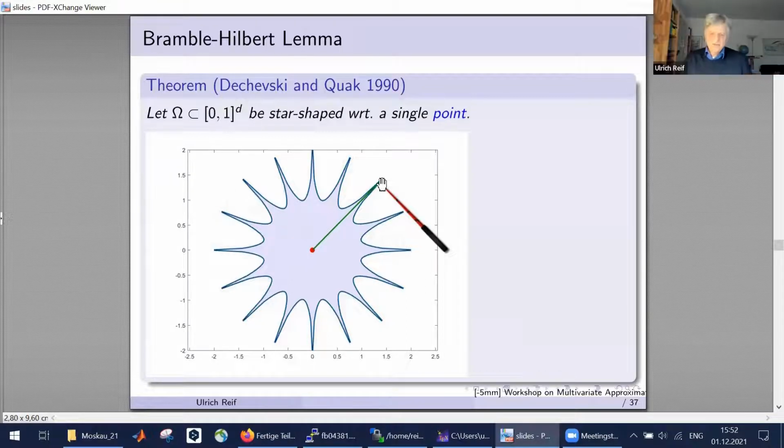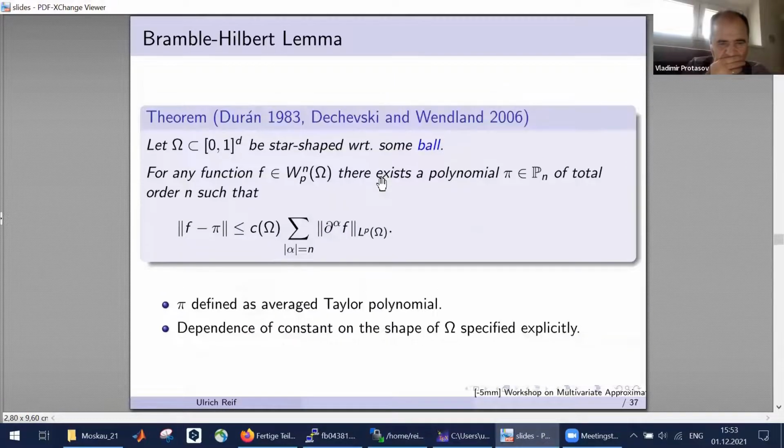You're absolutely right. This is a consequence of being star-shaped with respect to a ball. Then you get Lipschitz boundary, and Lipschitz boundaries were already addressed in these earlier papers. But the progress that was made is the explicit specification of the constant, which was possible in these situations.